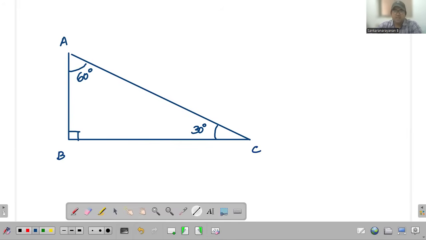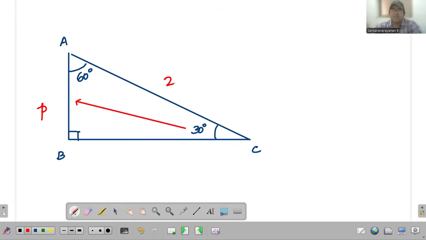Please be aware, opposite to 30 degrees we have AB here. Whatever the measurement of this side AB, which is opposite to 30 degrees, let me say that is equal to some P units.